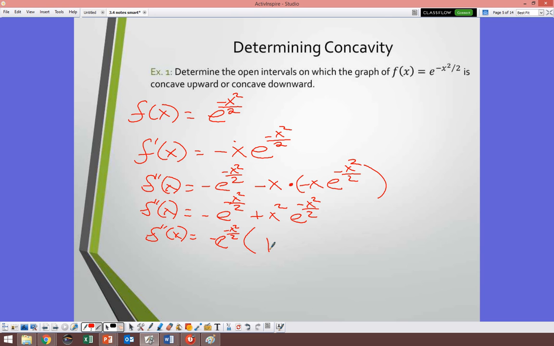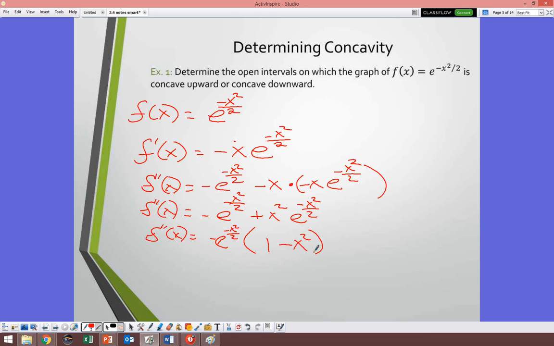So I have 1 right here, and that's going to become minus x squared. Okay, since I have that, what can I do with this piece in parentheses? Solve at 0. Factor it. I've got a difference of squares, don't I?